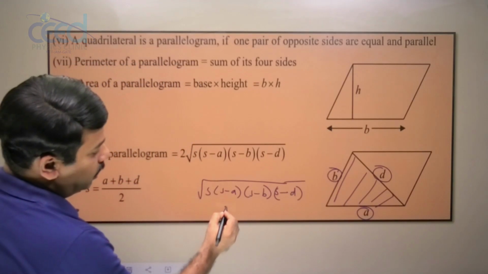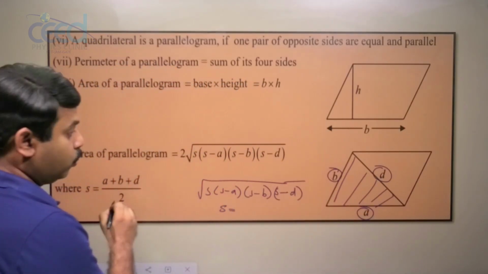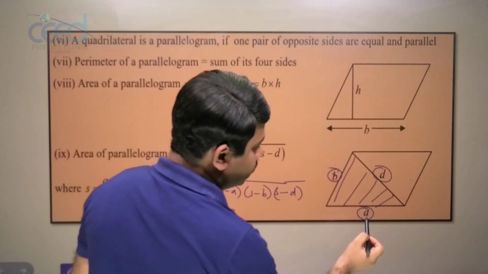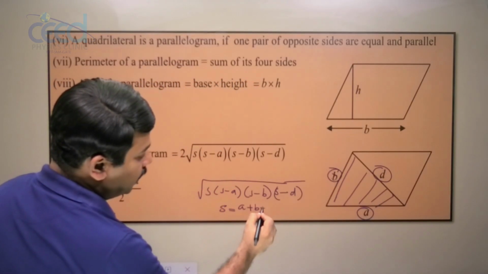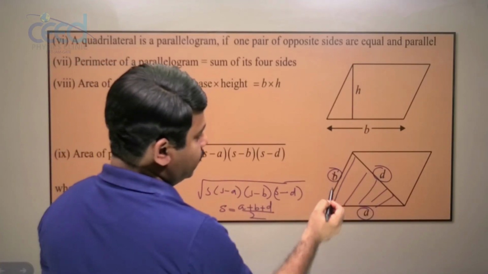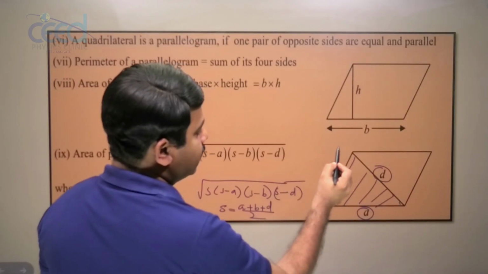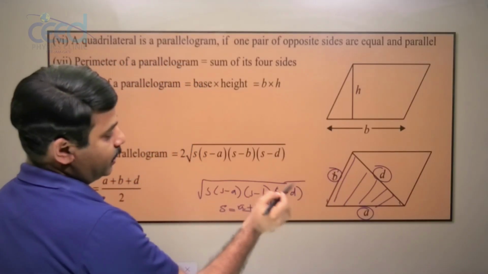We defined S as A plus B plus D divided by 2. All the sides you add, then divide by 2. If we define S like this, these three sides' sum divided by 2 is S.